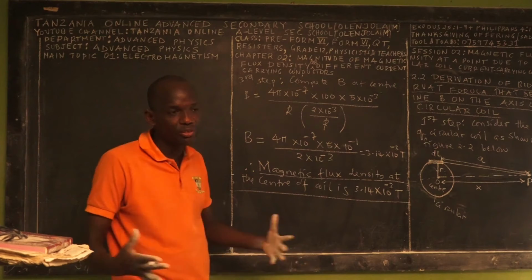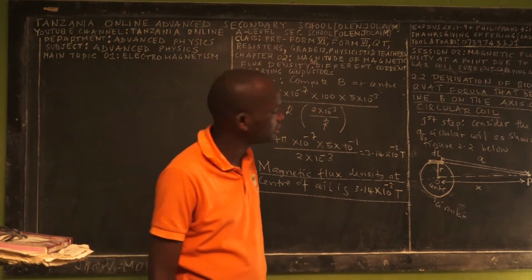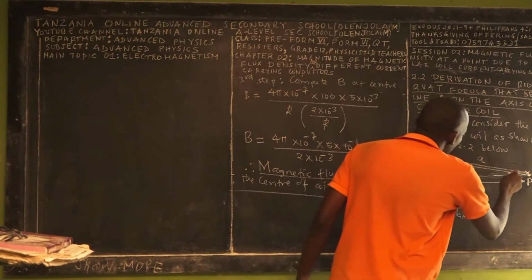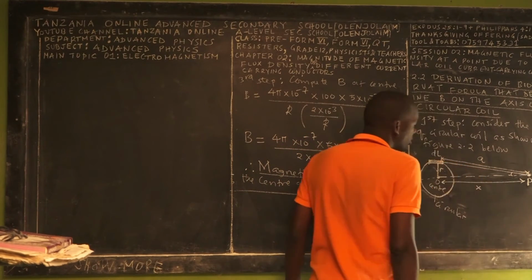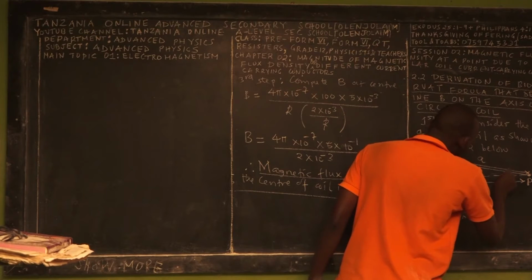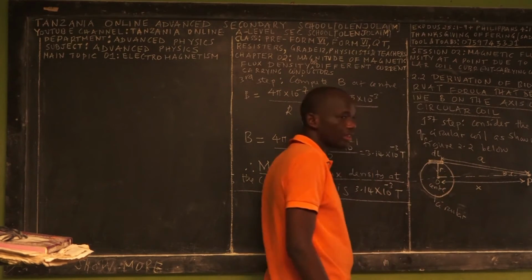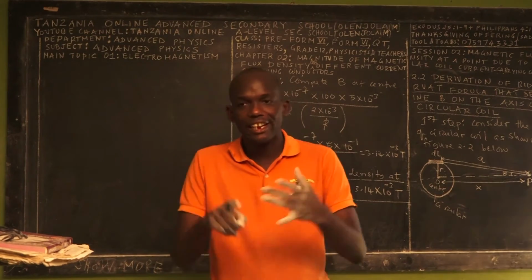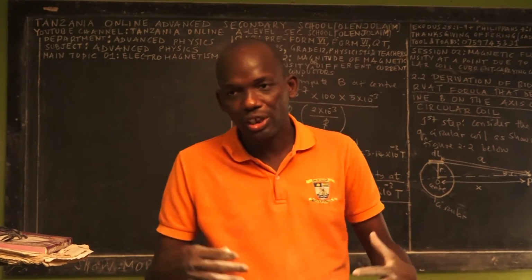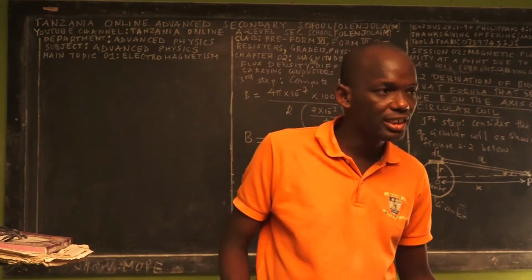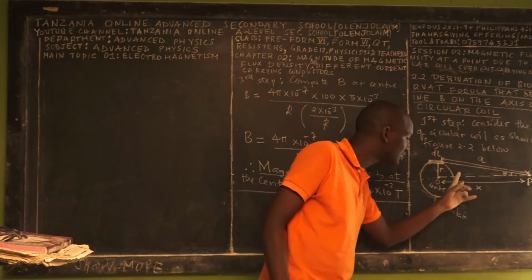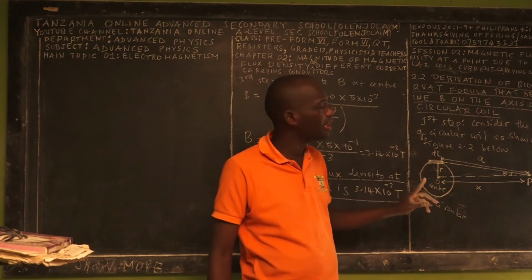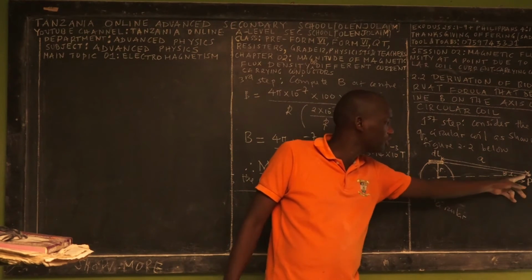From there, you will see the formation of an angle, which we may call angle theta. This angle is formed by the axis of the circular coil passing through the center and the line joining the point to the conductor.